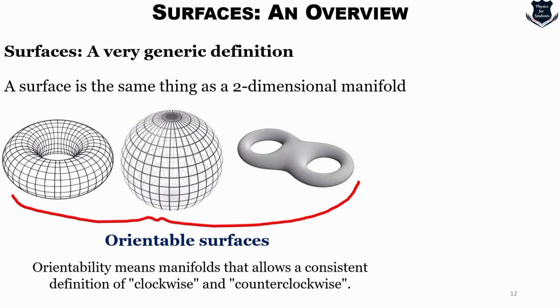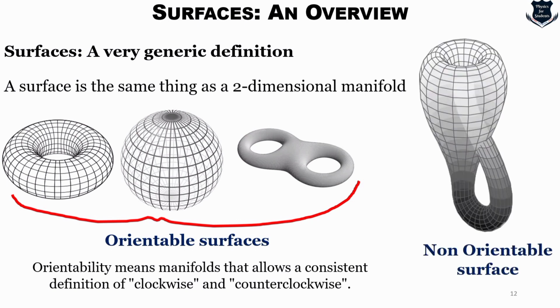So it turns out that these are all the orientable surfaces if we consider the surface intrinsically and only consider surfaces that are compact, I mean those which are not going up to infinity, so they do not have a boundary. For example, the famous Klein bottle is an example of a non-orientable surface.